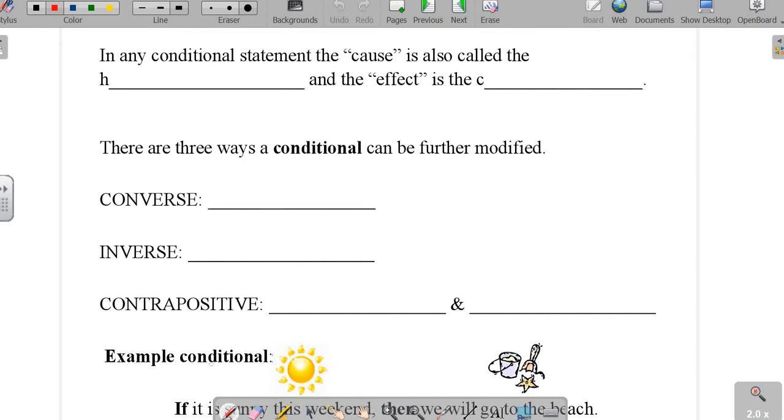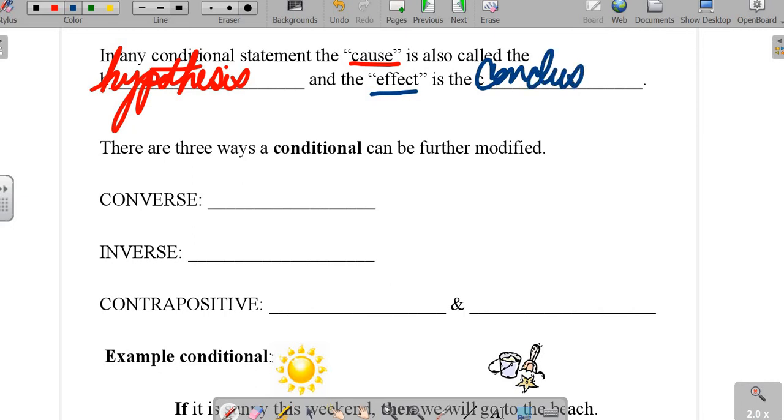In any conditional statement, the cause is called the hypothesis. The effect is called the conclusion. The hypothesis and the conclusion. Now, a conditional, which is an if-then statement or cause and effect statement, can be modified 3 different ways.